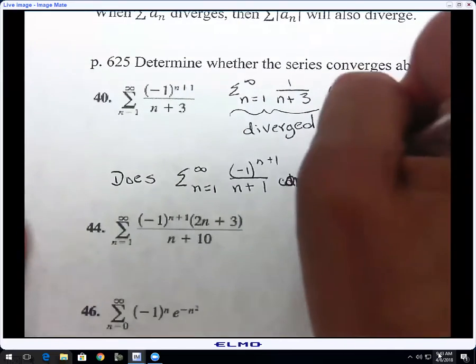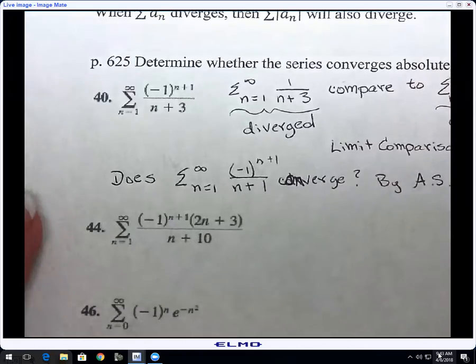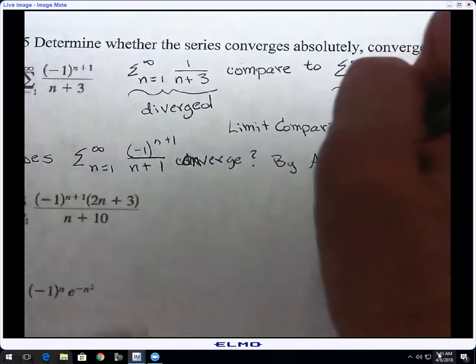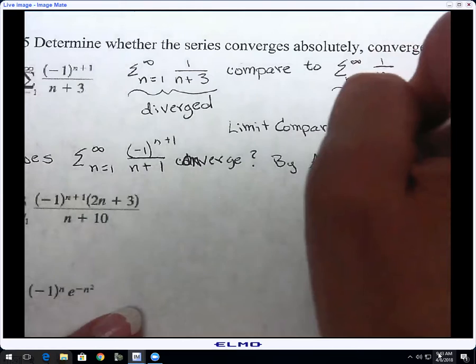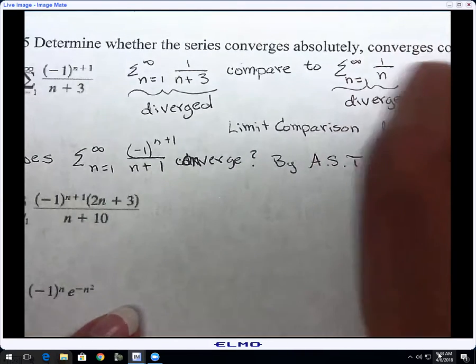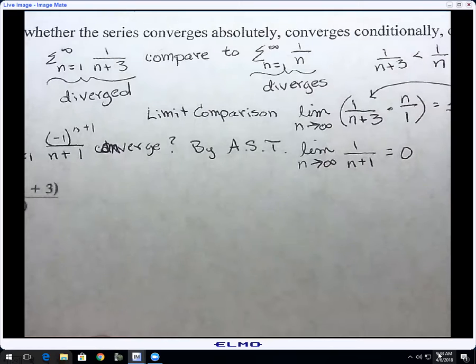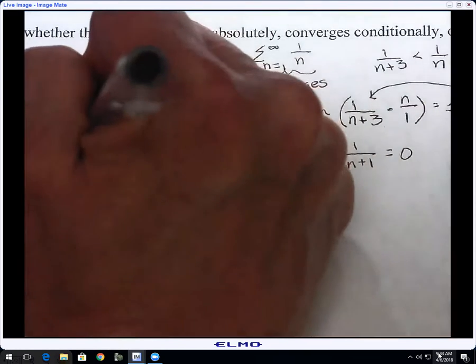I'm going to say by the alternating series test, the limit as n goes to infinity of 1 over n plus 3 is 0. I don't know how that became a 1 all of a sudden.